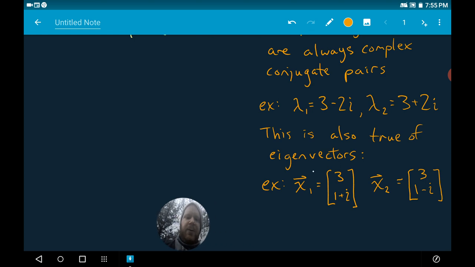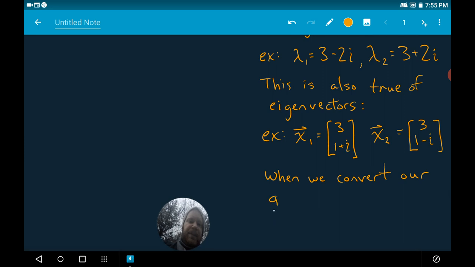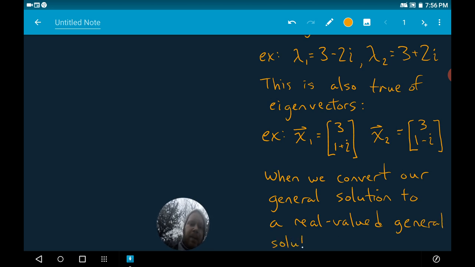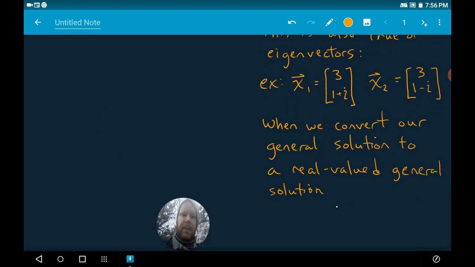And I guess I'll say while I'm looking at this, when we convert our general solution to a real valued general solution, we will only use one eigenpair.